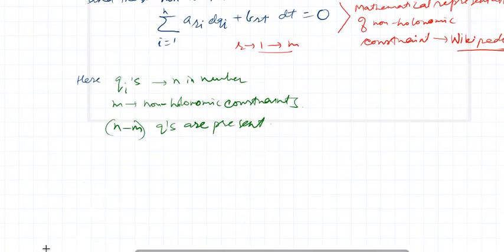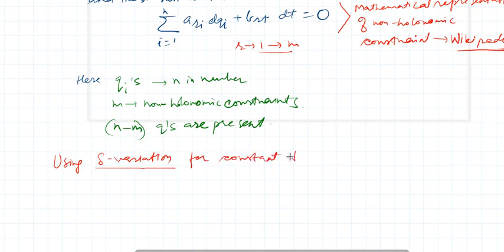Now using delta variation means we have to incorporate variational principle and delta variation for constant time. So if I apply delta variation for constant time, then this part will become 0, dt will become 0.